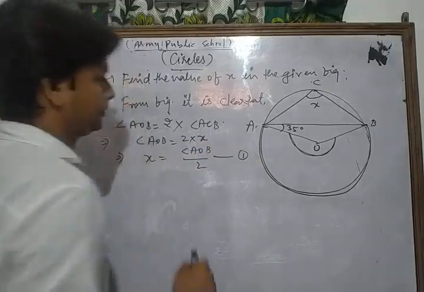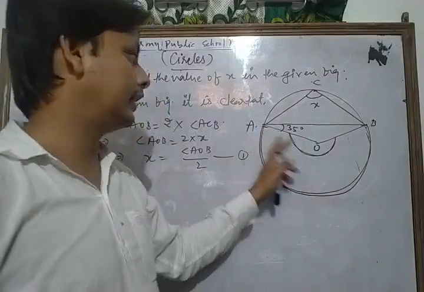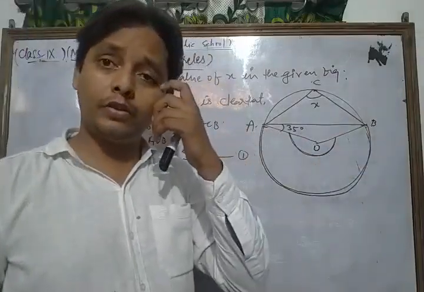Take this as equation number 1. It means that the value of X is half of angle AOB.